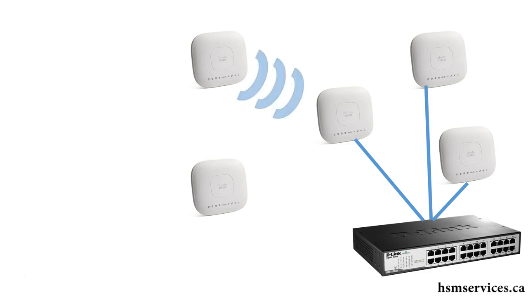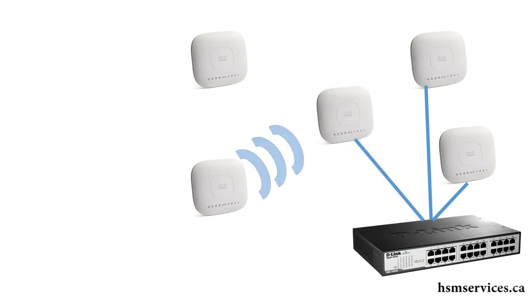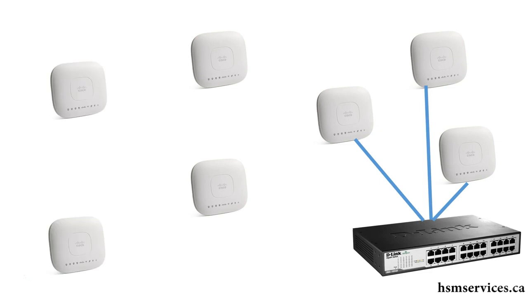So it talks to a nearby AP, and the nearby AP talks to the switch. So everybody's happy. You know what I'm saying? So these two APs out here in the parking lot, they don't need to be connected directly to the switch because their signal reaches another AP who's connected to the switch. So that's great. And we can even add more APs even further away.